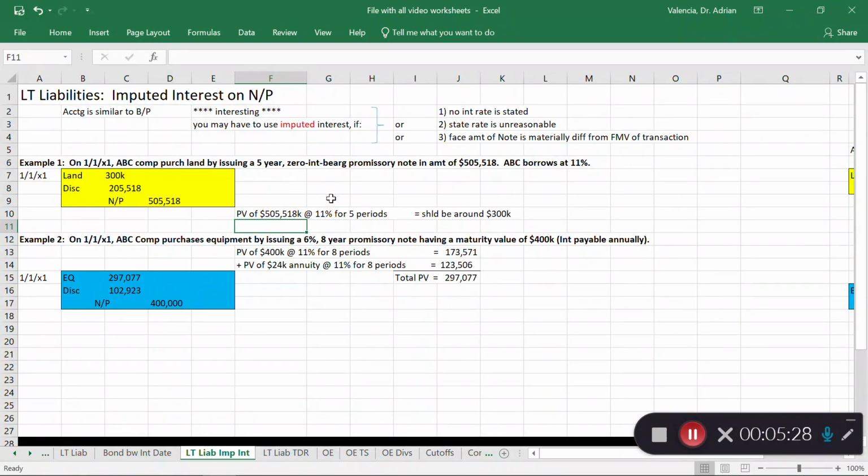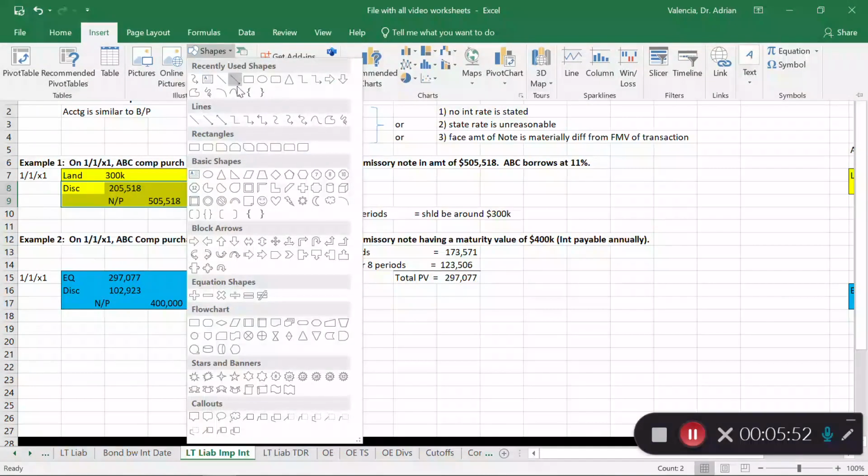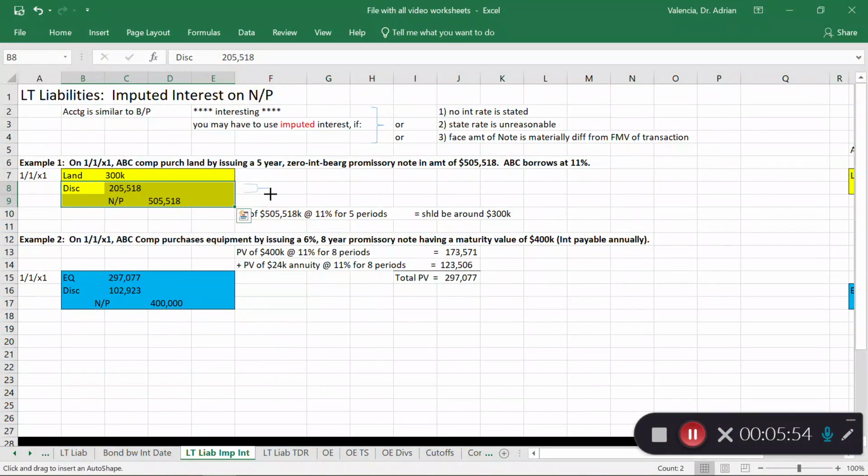So naturally, when I record this transaction, I put the land at that fair market value. And notice how I record the note here for $505,000, but there's a discount to offset it by $205,000. What does that mean? It means that technically I am recording that liability at $300,000, because these two go together.